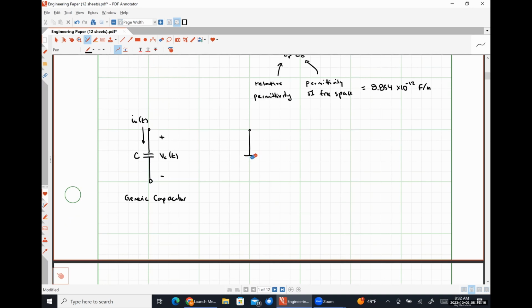Let me make that curve more prominent. So here's our value of C, here's VC, here's IC. And so this would be an electrolytic, also known as a polarized capacitor. Okay.